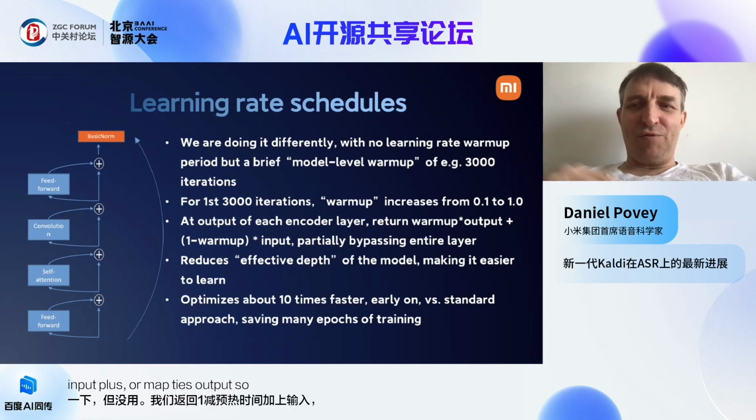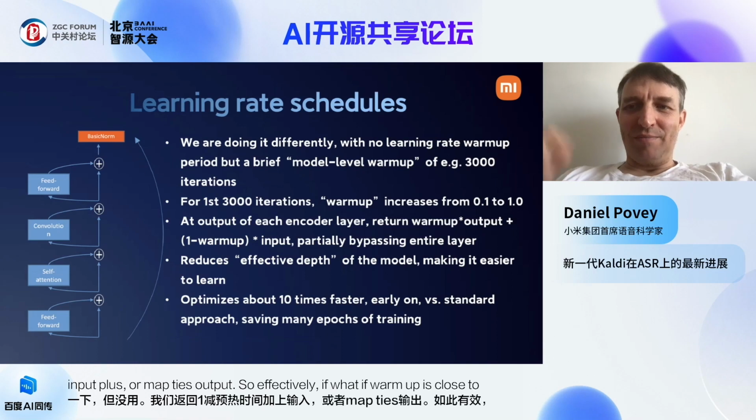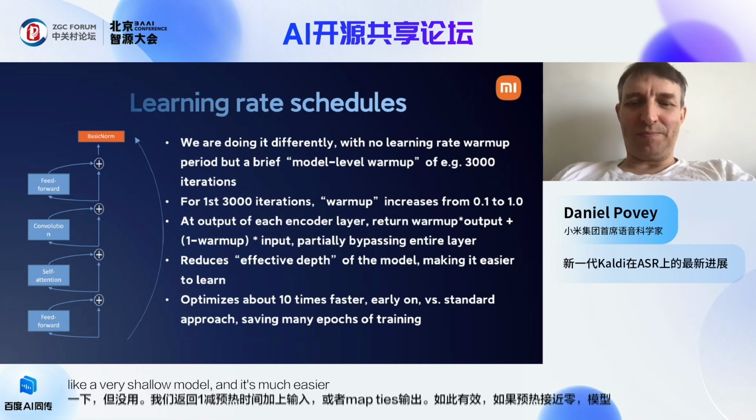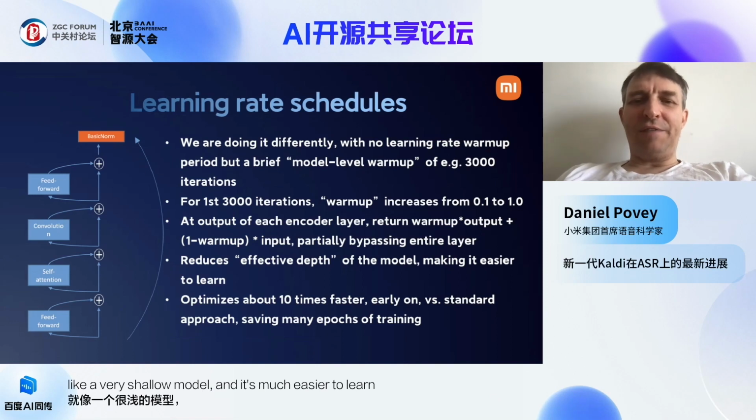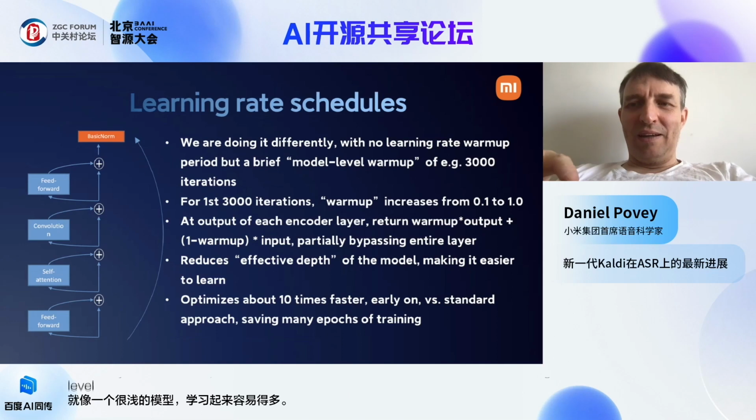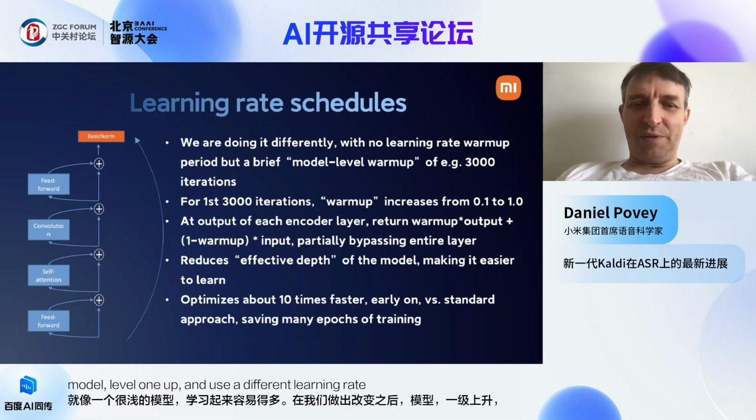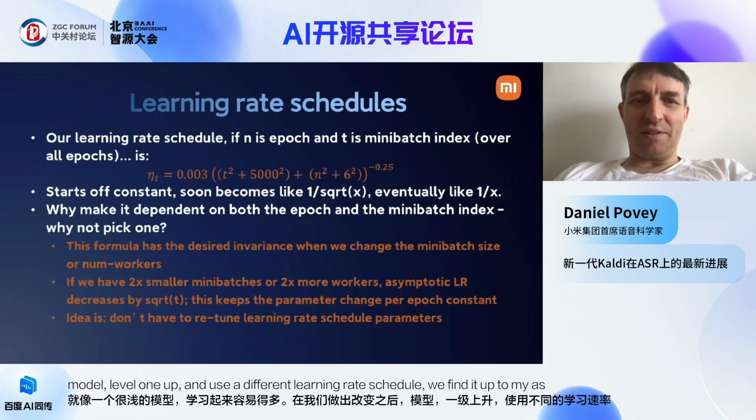So effectively, if warm-up is close to 0, the model acts like a very shallow model, and it's much easier to learn. And after we make this change to do the model-level warm-up and use a different learning rate schedule, we find it optimizes way faster.